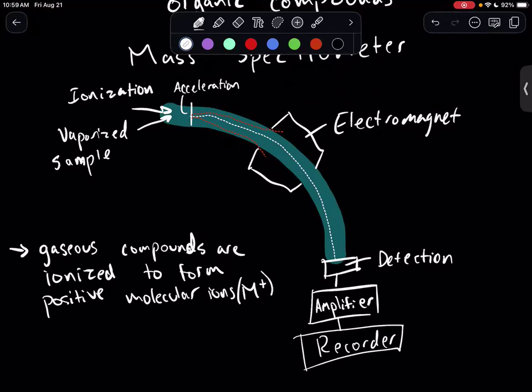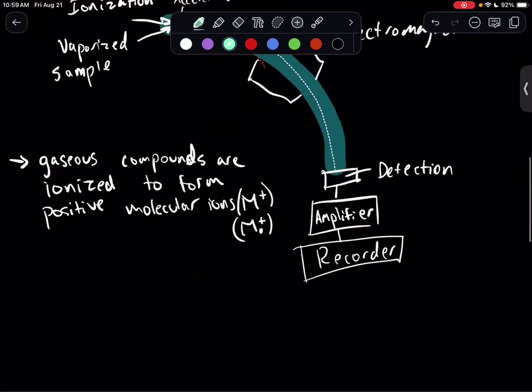And we refer to it as capital M plus. Sometimes we'll refer to it like this, M plus with a dot. And that dot, very much like a dot in free radicals, represents a single unpaired electron.